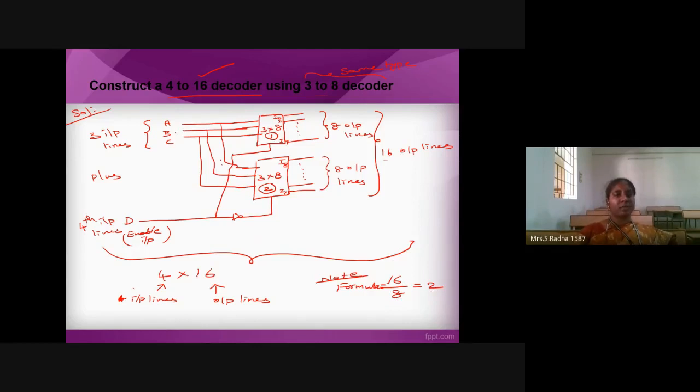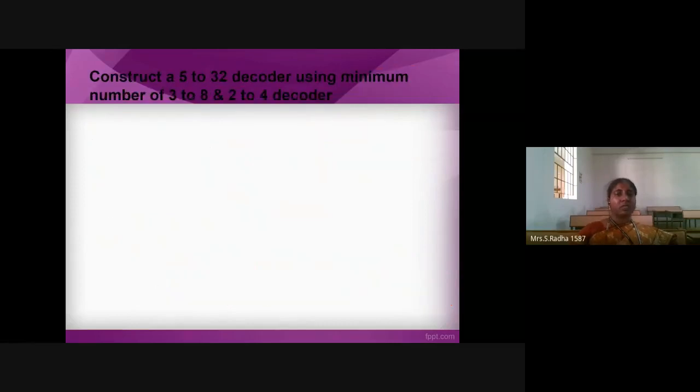Inputs you have to join A, B, C like this, and that extra fourth pin will be the enable pin. Now you see overall input lines are 4 in number, overall output lines are 16 in number. In this case our answer is 2 decoders required.